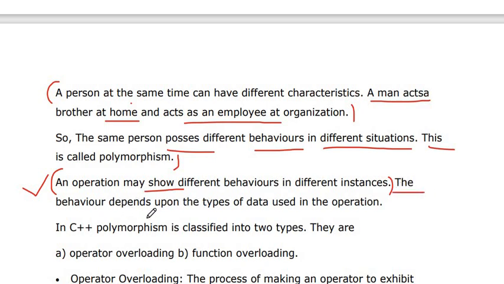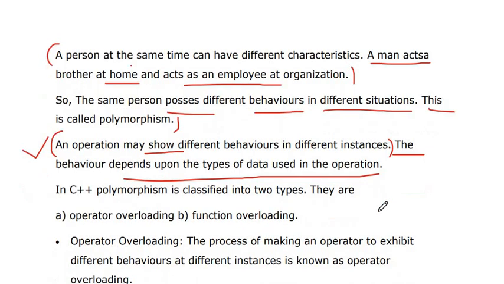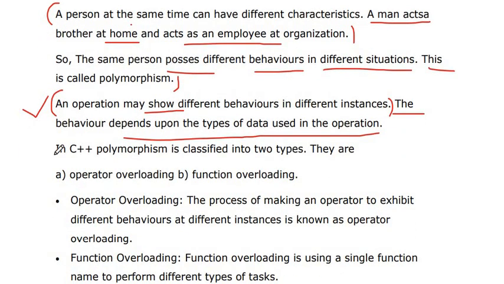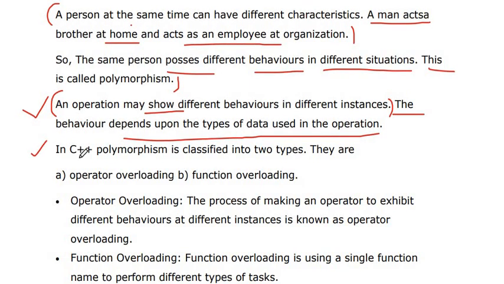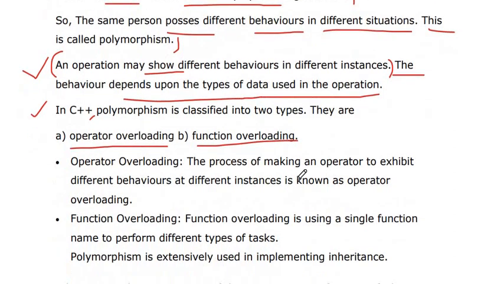The behavior depends upon the types of the data used in the operation. Right. Next, look at the next sentence. In C++, polymorphism is classified into two types. They are operator overloading, and the second one is function overloading.